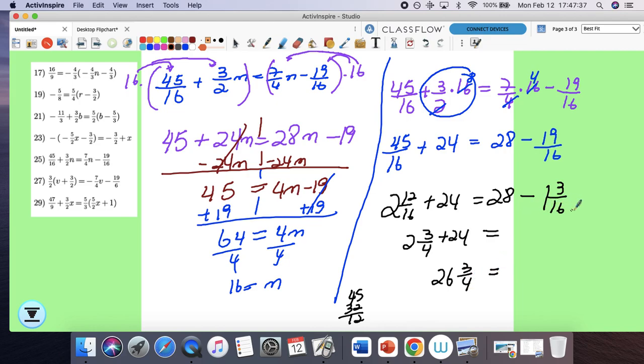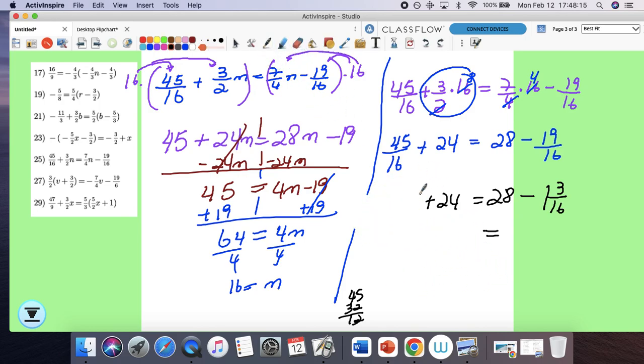Oh no, 1 and 3 over 16. Ah, boy. Or 16. Two and 13 over 16. Sorry, this is a 3. Oh, thank God. I found my mistake.